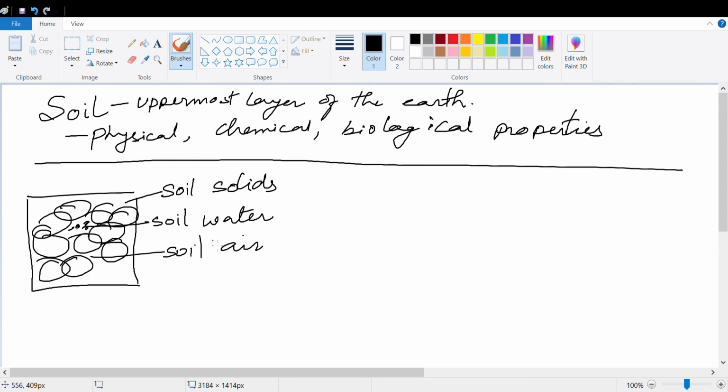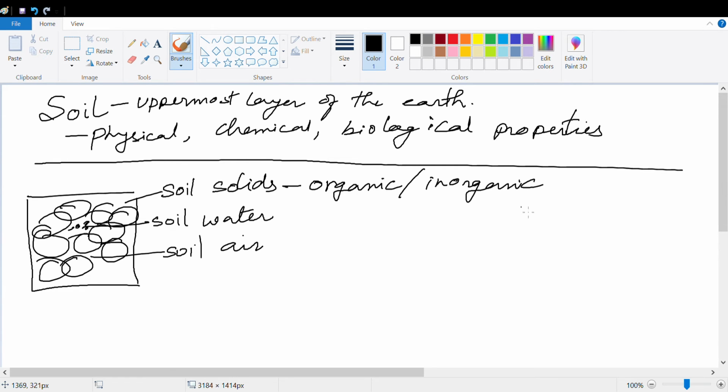These three components make up what you call the soil where plants grow. The soil solids can be organic or inorganic. By organic, we mean microbes or feces that come from living organisms.